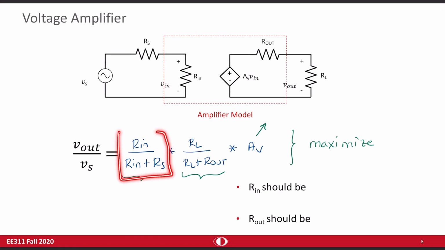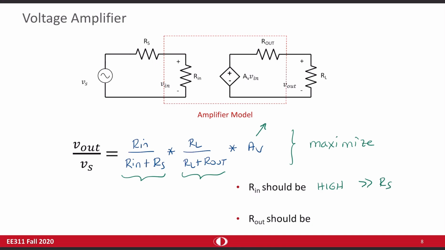Of course, Rin should be much larger than RS. You want to make Rin infinite if possible. If it is infinite, this is going to be 1. But if you cannot make it infinite, you make it much larger than RS, okay? So Rin should be high or much larger than RS.